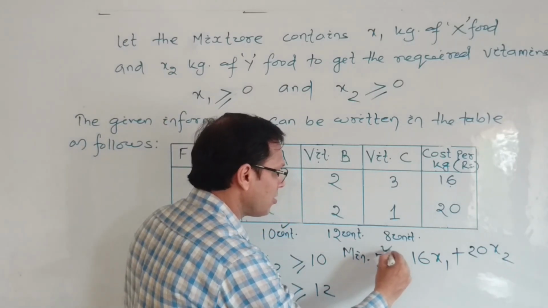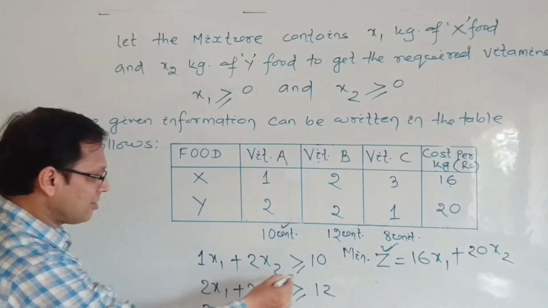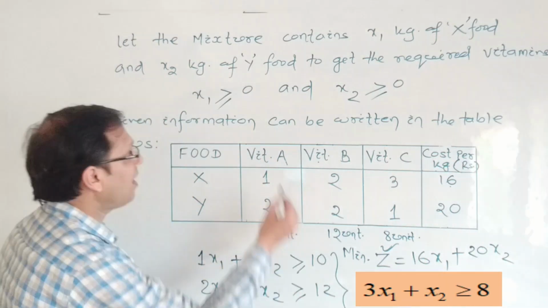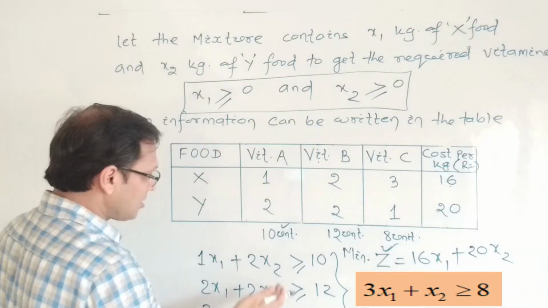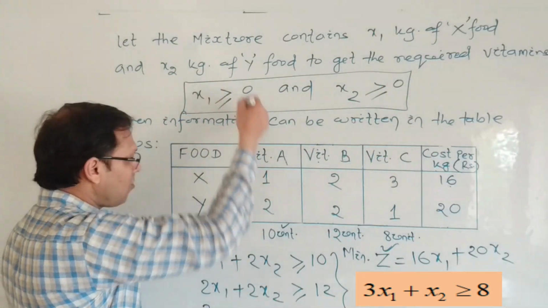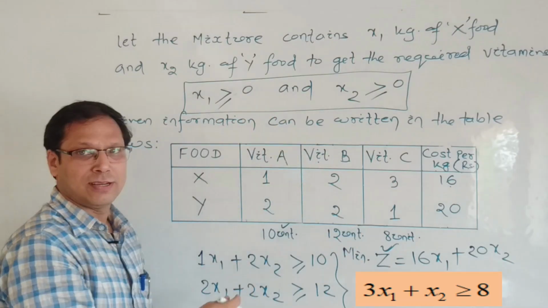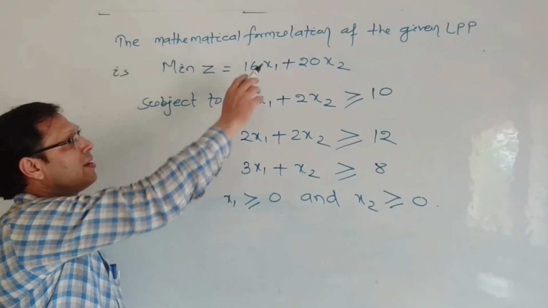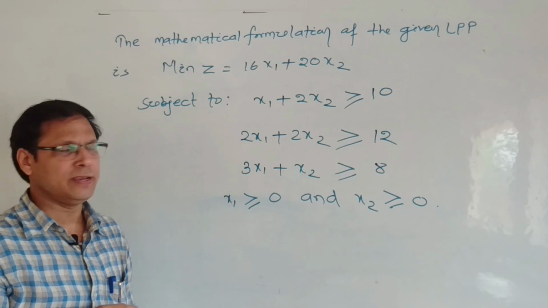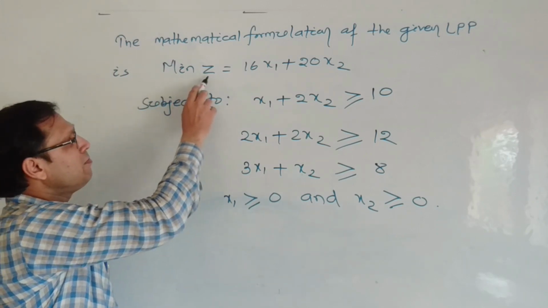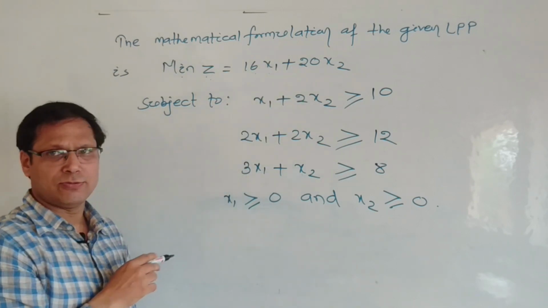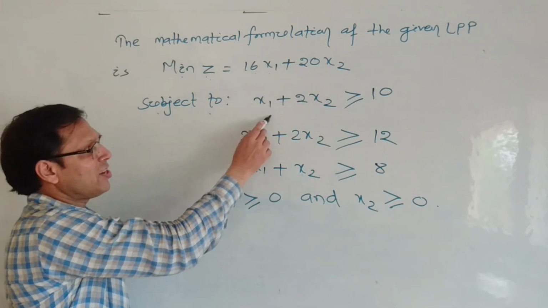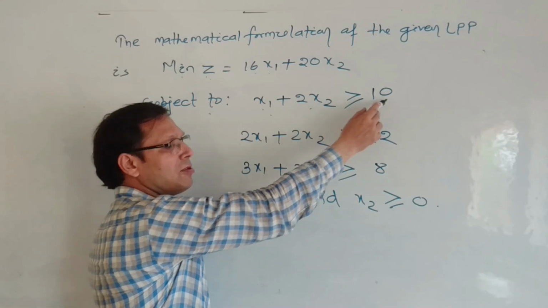So the objective function we have already found, and here 3 constraints are there, and the non-negative restriction we have already found. So you should mention all these things clearly below this. Hence the mathematical formulation of the given LPP is: minimize Z equal to 15x1 plus 20x2, subject to the constraints x1 plus 2x2 greater than or equal to 10.